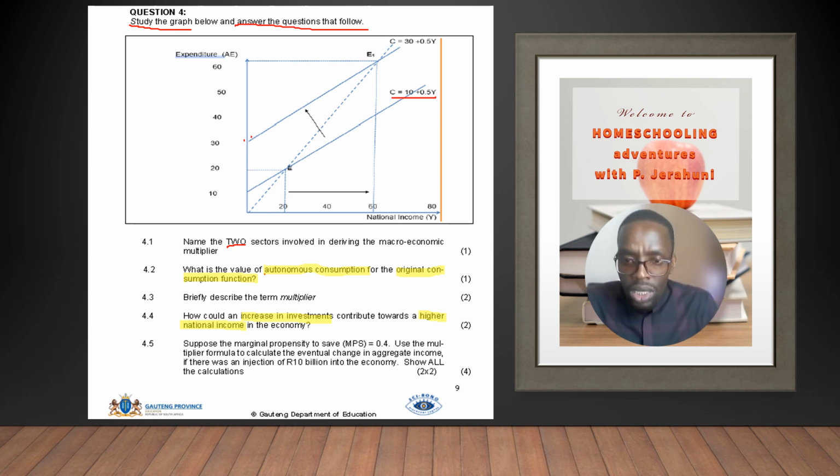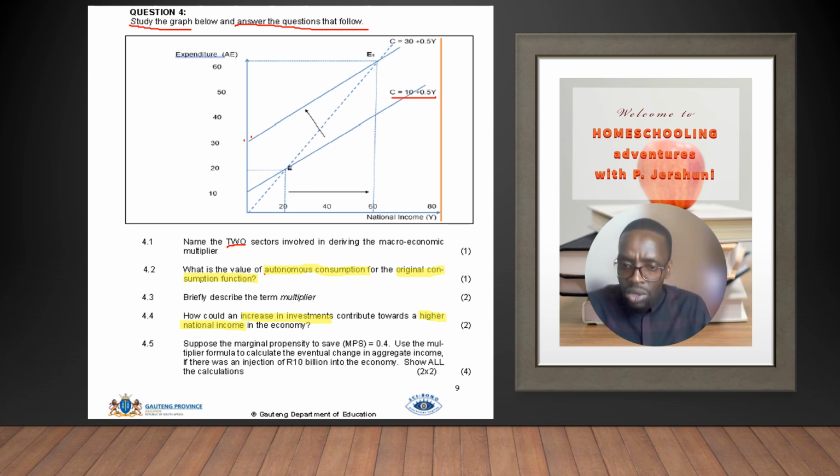So the most correct thing there was, you are supposed to say it creates job opportunities, which increases household income, and when household income increases, it results in an increase in aggregate demand. That will be correct for the 2 marks. Or another learner probably could have spoken about the increase in the capital base of the economy, which is going to expand the production capacity.